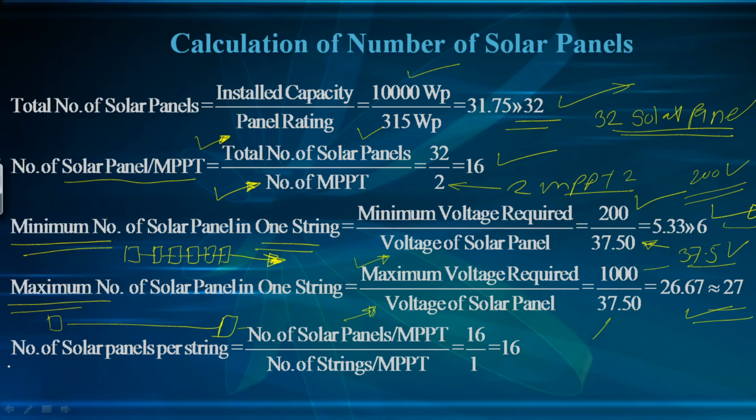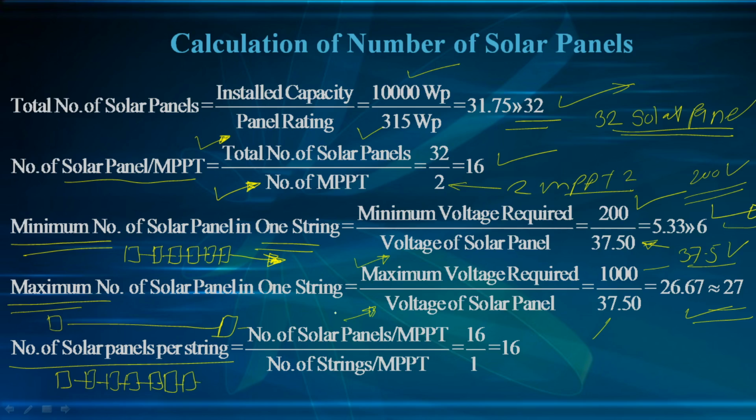Next, we focus on the number of solar panels per string. It means in one row, how many optimum solar panels we should connect so that their voltage and current are in the acceptable range for the inverter we selected.